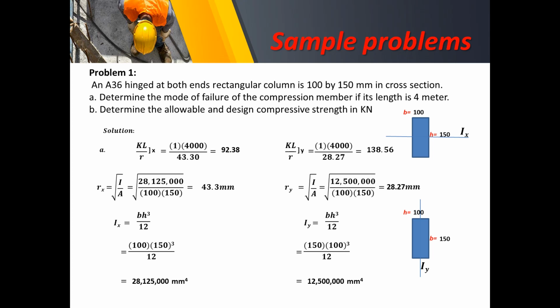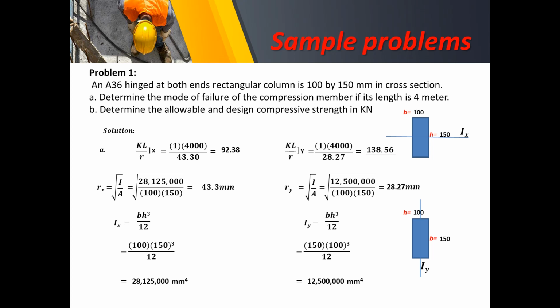So in this case, Ry prevails. Why? Because it has a larger slenderness ratio. And notice that KL all over R of Y involves the smaller value of I, comparing it to the I of that X.